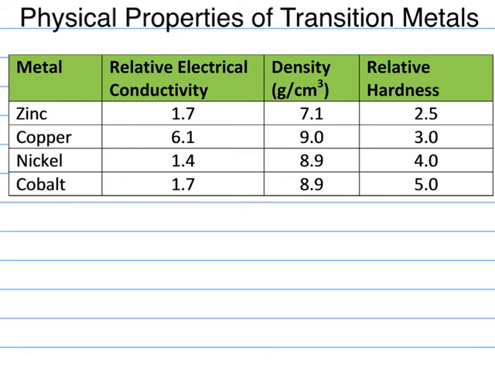Okay, so we've looked at some of the properties already of the transition metals. Now, one of the other things is it is lustrous, which means it's very shiny. So things like gold, silver, platinum are very often used in jewellery. They're very hard, and that's due to their high density.